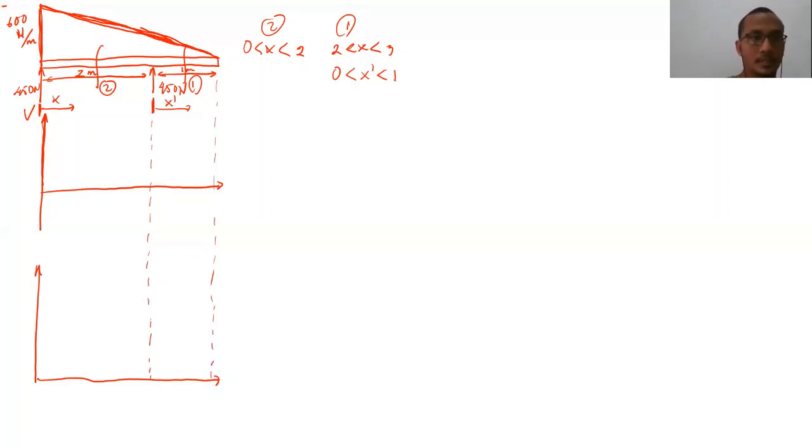Because at this particular point, the x value is 2 meters, but at the same time, the x-axis value is 0 meters. And at this particular point, at the end, the x-axis will be 1 meter and the x will be 3 meters, something like that.